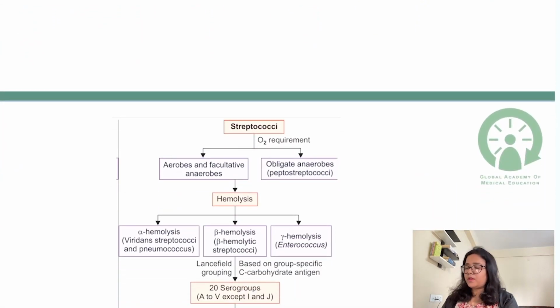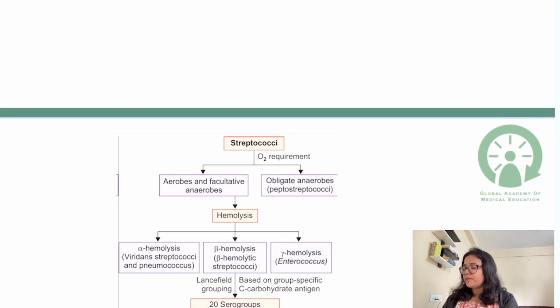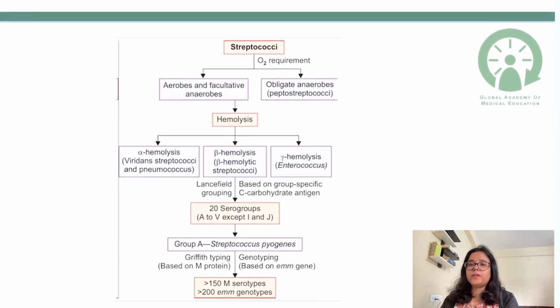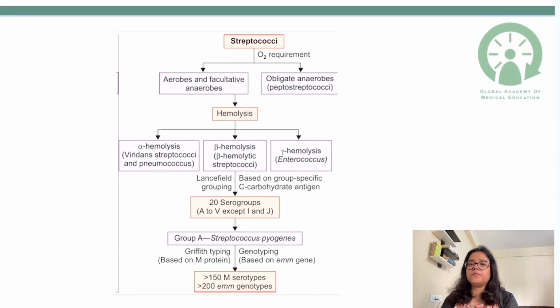So this is the broad heading of the classification of streptococci on the basis of oxygen requirement. We divide it into aerobic and facultative anaerobes, which on hemolysis may show alpha hemolysis, beta hemolysis, or, like I said, beta or complete hemolysis and gamma hemolysis.